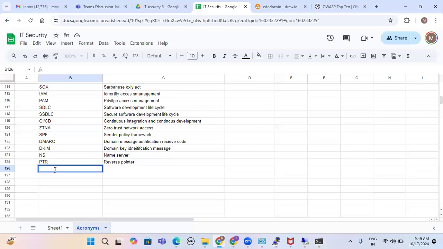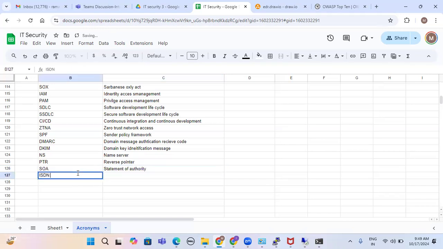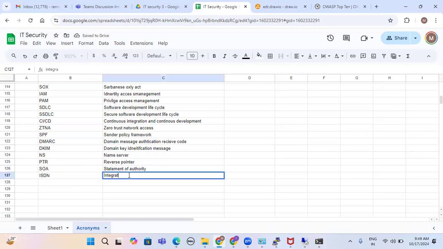Next one we have SOA, start of authority, which is also one of the records for the DNS side. ISDN, Integrated Services Digital Network. This is used to make international calls.